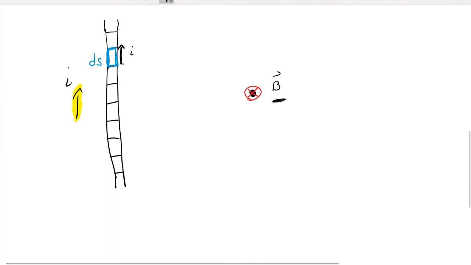Well, to measure that relationship, I'm going to draw another vector here that goes from that portion of the wire out to where I'm trying to measure the magnetic field.